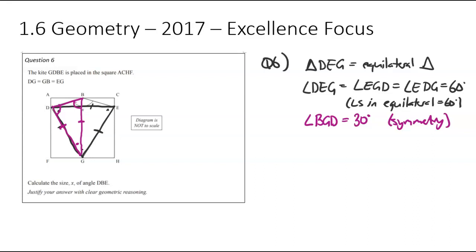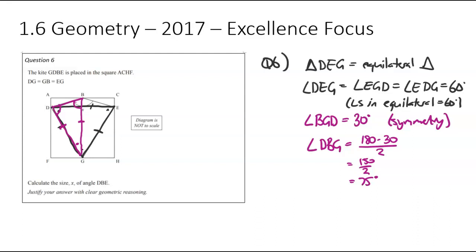So we've got angle DBG, which is just the one by the x that we're focusing on. That is going to be equal to 180 minus 30, which 30 is that smaller angle up the top there. And we're going to divide it by 2 because the base angles are the same. So that is 150 divided by 2, which is equal to 75 degrees.